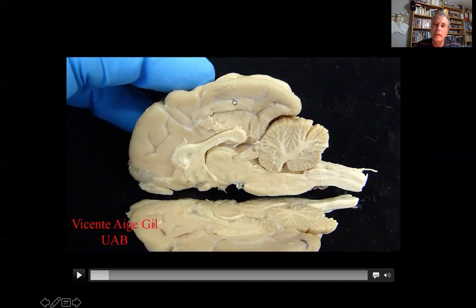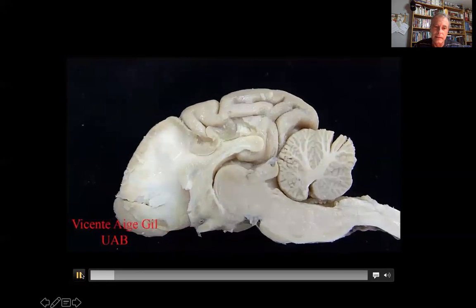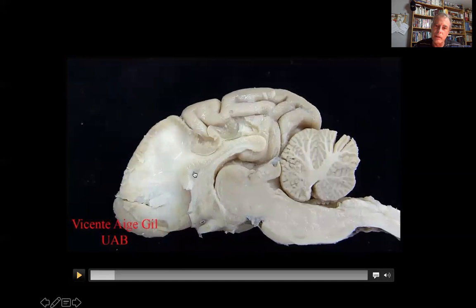Cerebral hemisphere, right? The fornix, the telencephalic septum, with the pellucid portion and the cellular portion, paraterminal gyrus. Okay, you see the pellucid portion here and the cellular portion of the telencephalic septum.